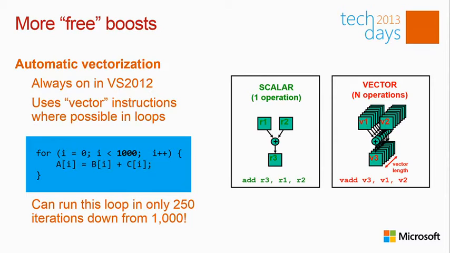In Visual Studio 2010, we went along that same road of let's add more optimizations that are free. Okay? So we looked at the hardware that we have, and hardware has evolved over the years. And one of the ways that hardware has evolved is the introduction of what's called vector registers and vector instructions. What are vector registers and vector instructions?